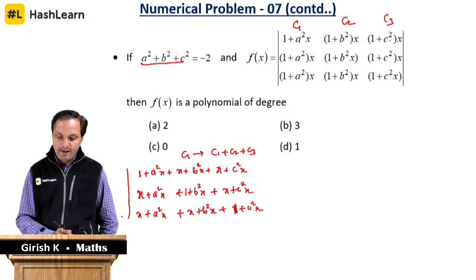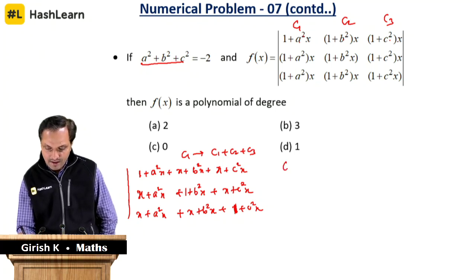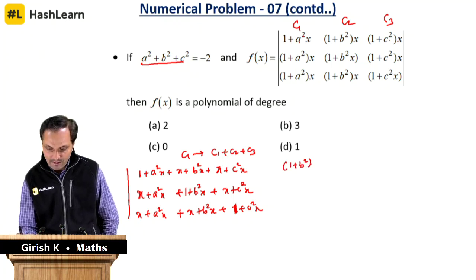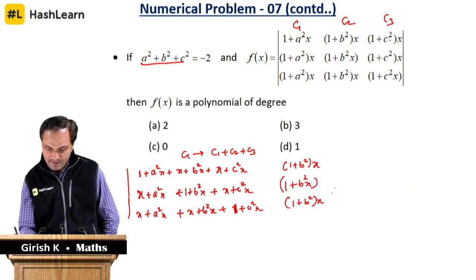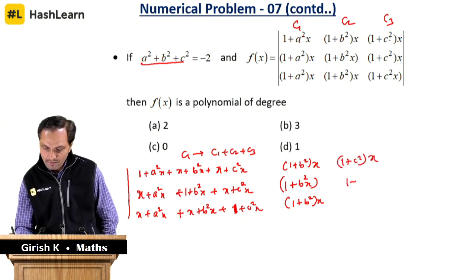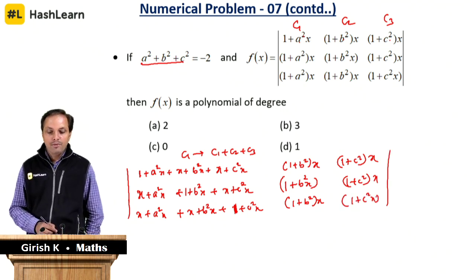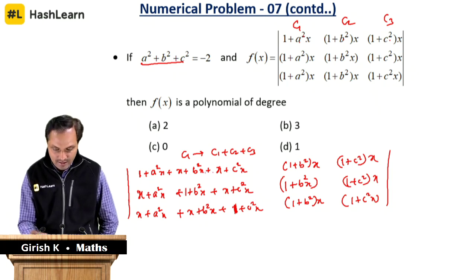This is your column 1, and the other part will be as it is: 1 plus b square into x, three times, and 1 plus c square into x, three times.